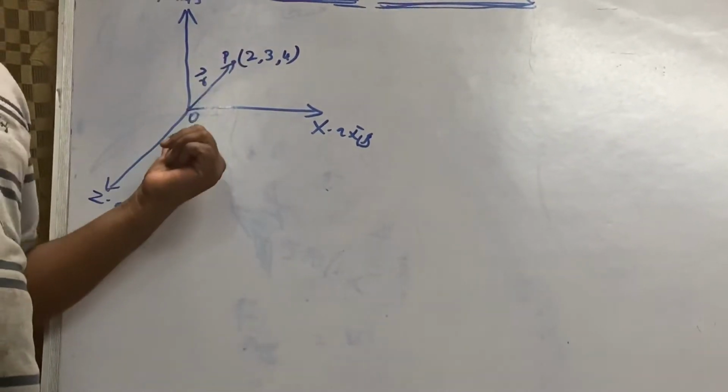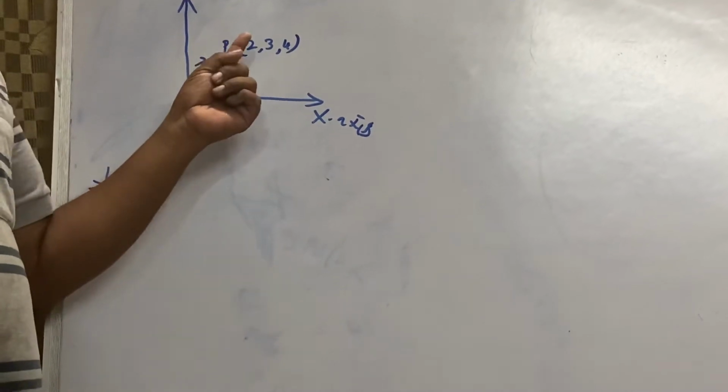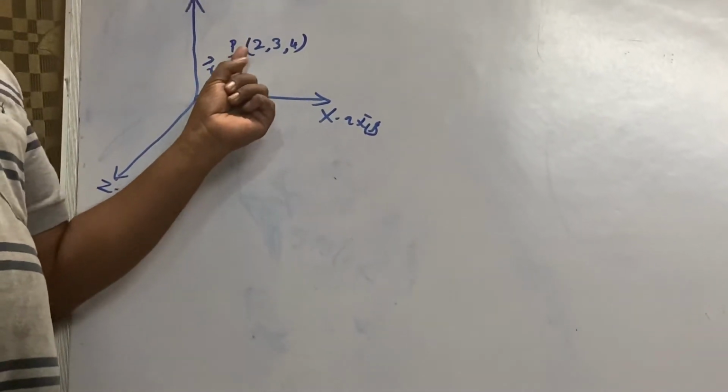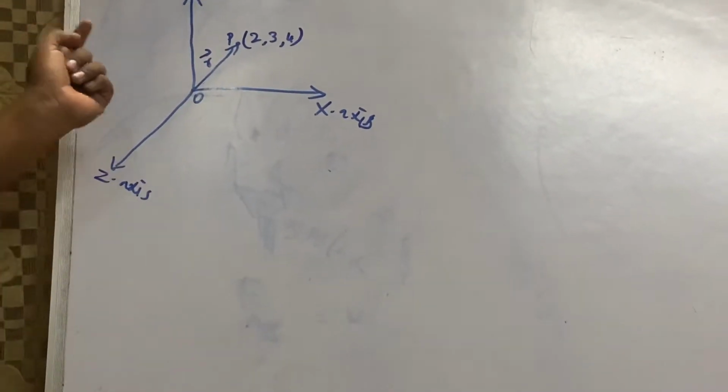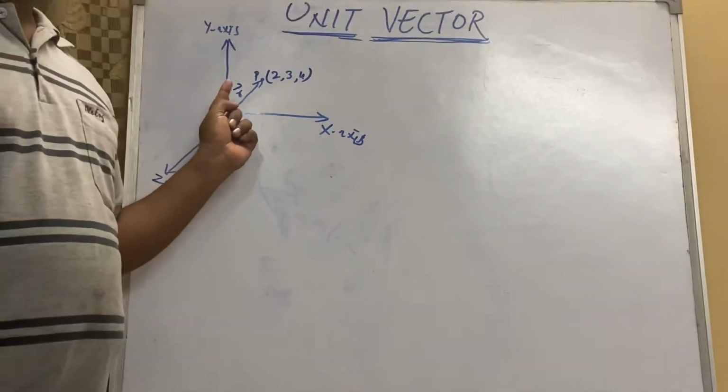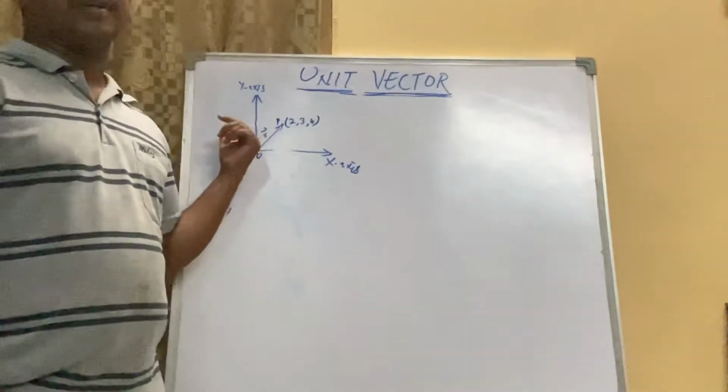from different axes. Now the position of this particle is given by the position vector. The position vector is a vector which gives the position of a particle.